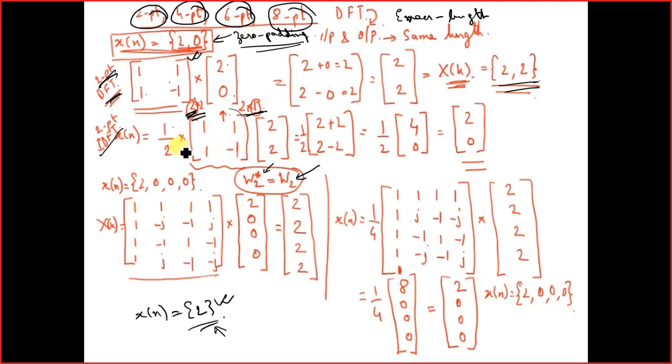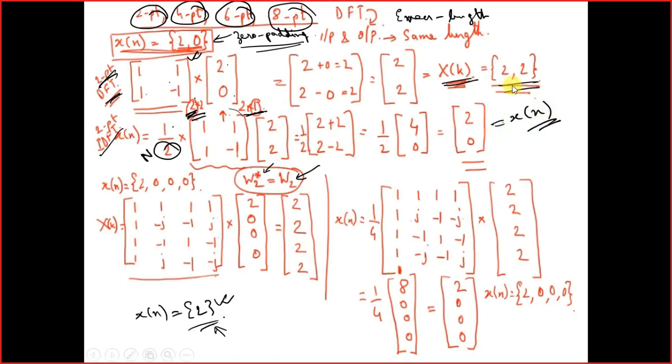So 1 by 2, this is basically the 1 by N, so that's why 2. Then we have the conjugate Twiddle factor matrix multiplied by x of k. So when we solve this, we get 2, 0, which is nothing but our xn.